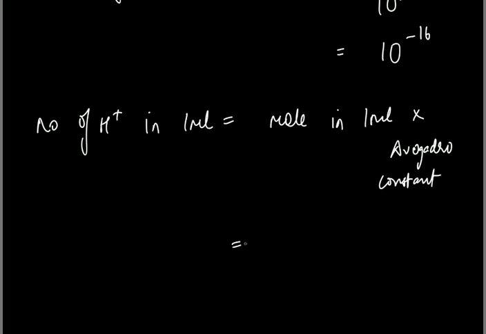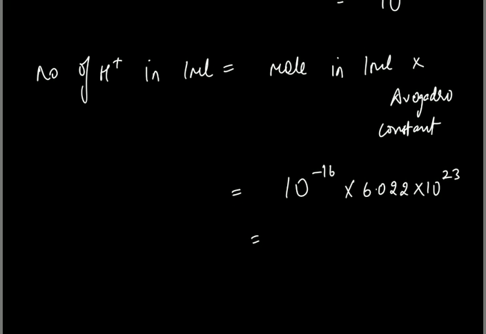So moles in 1 ml, which we just calculated, is 10 raised to the power minus 16, and the Avogadro constant is 6.022 into 10 raised to the power 23. So if we multiply, this will be roughly 6.022 into 10 raised to the power 7. That's the answer: the number of H positive ions in 1 ml.